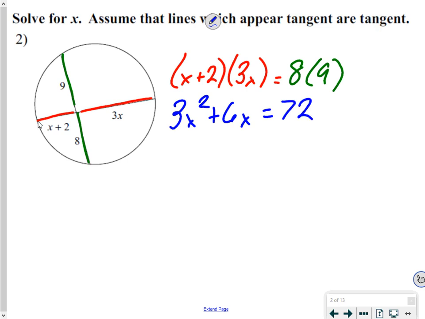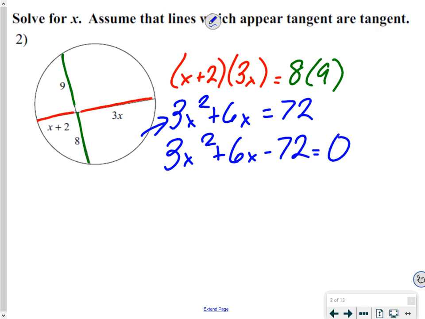Get everything over to one side. Right away you should know, okay, we got to get everything over to one side. This thing's a quadratic. We're probably going to have to factor or use quadratic formula or something like that. Now, this one in particular is difficult because, okay, next thing you might jump to is, all right, let's do this guess and check.